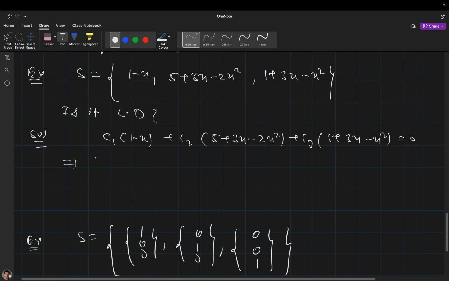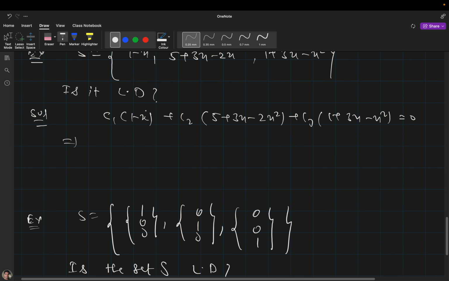Now I will take common, so that will be c1... not like this. I will suggest to do it like this. Here, x square and constant 1 are basis. Okay, basis I will talk about later.